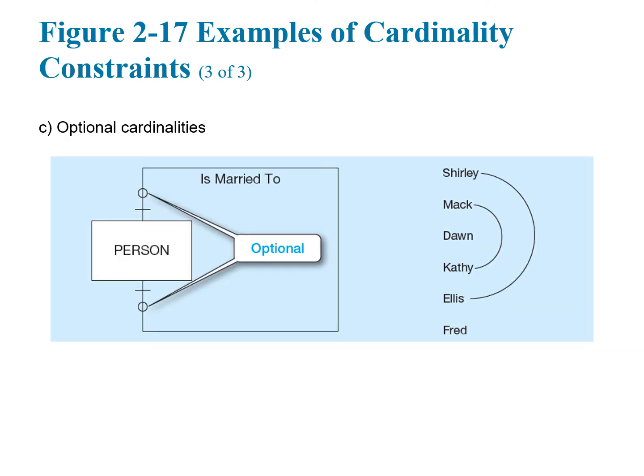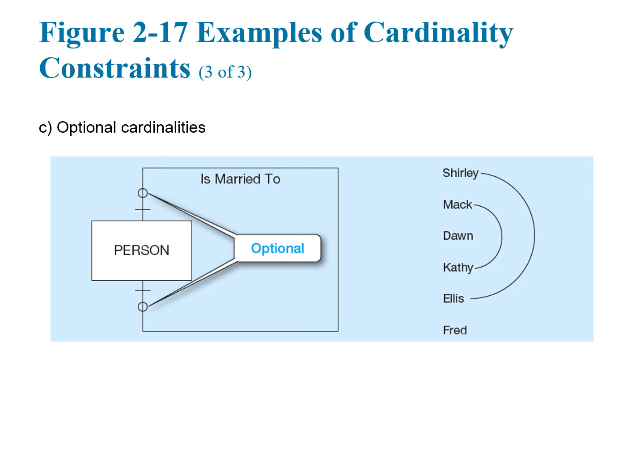Optional cardinality. Person is married to person. Circle means optional. So maybe Charlie is married to Alice, Meg is married to Kathy, but Dawn is not married to anybody.